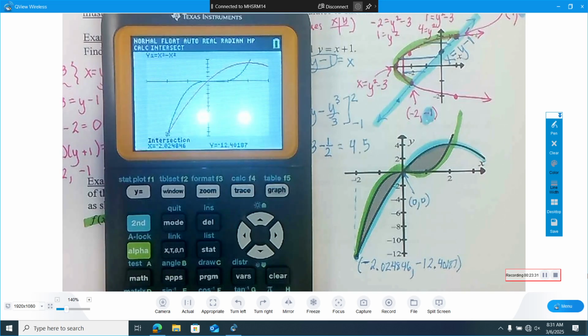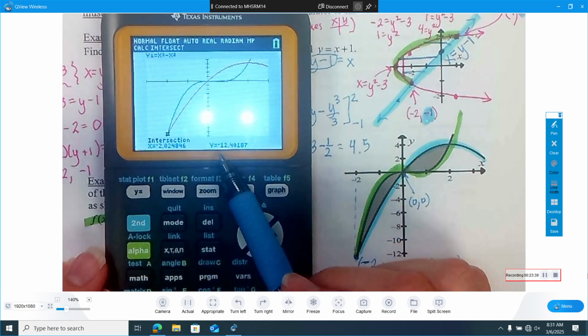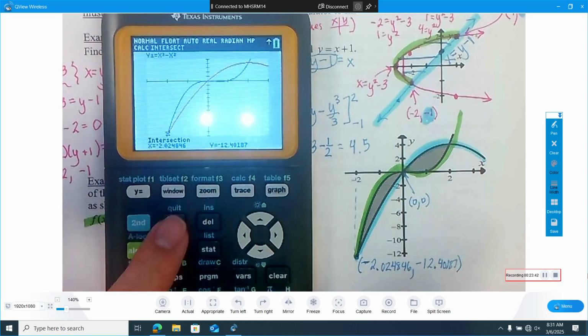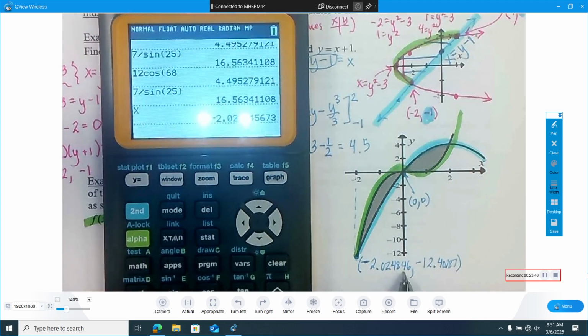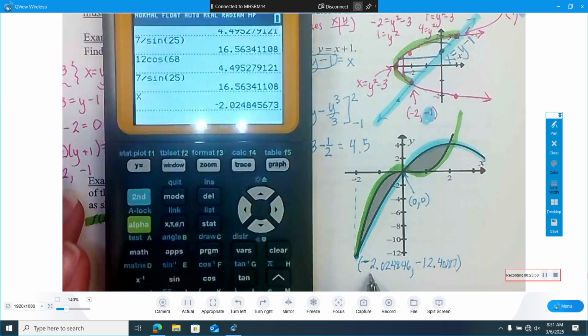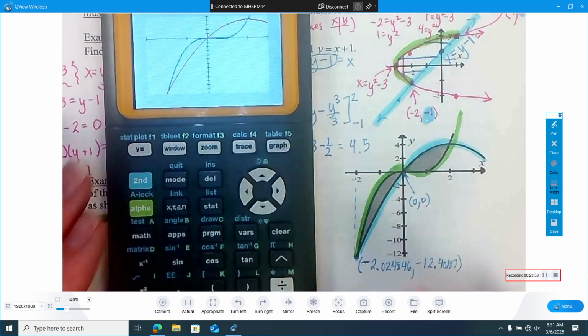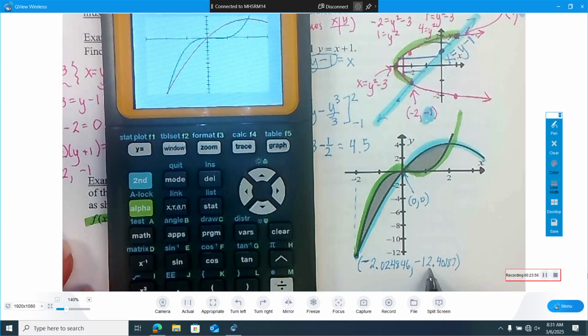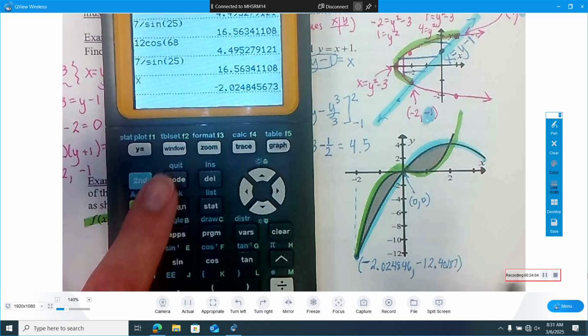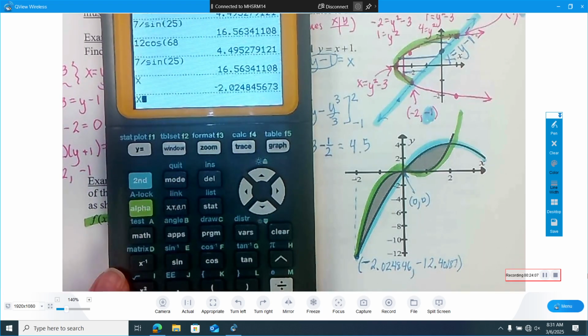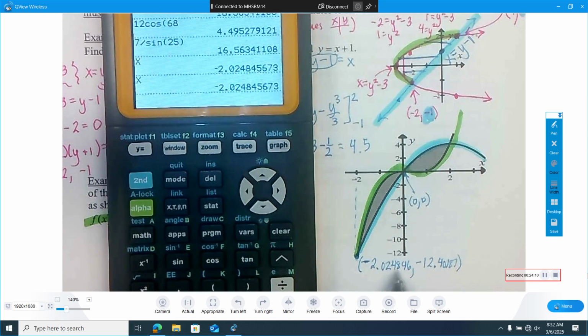The nice thing is your calculator automatically stores these values for you in X and Y. To show you, I'm going to quit, and if I just type in X, there's that X value right there. I was in the graph and it showed me my X and Y value for the intersection. The calculator automatically stores those values as X and Y. So I did a second quit, typed X and hit enter, and you can see it's storing that X value.